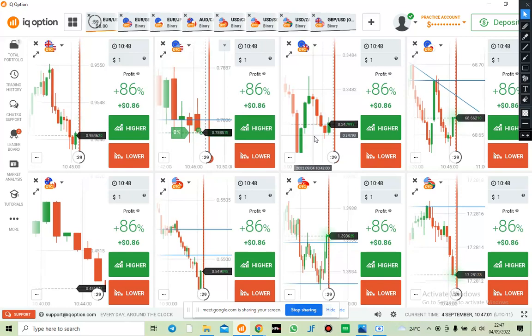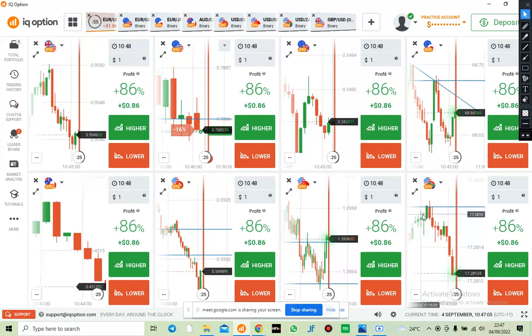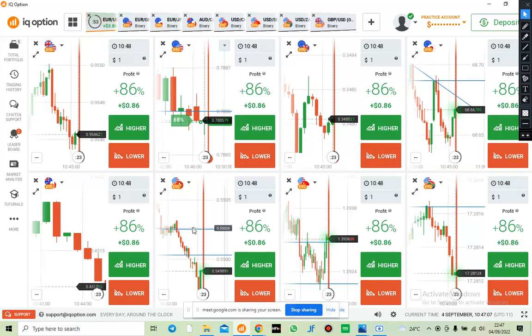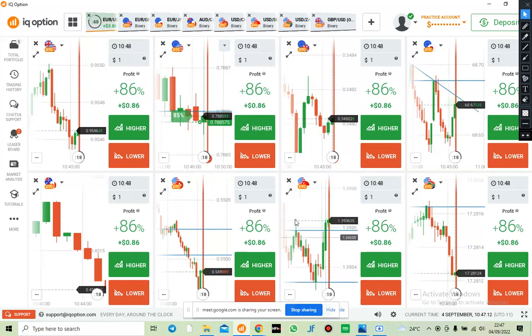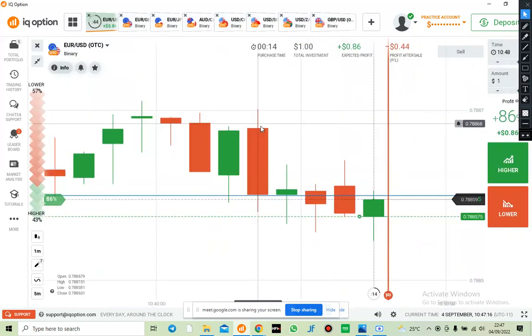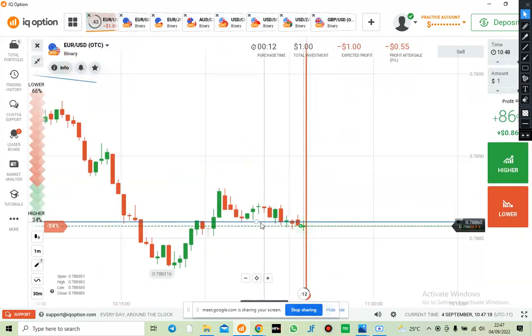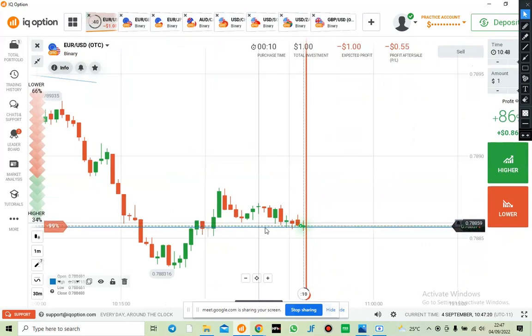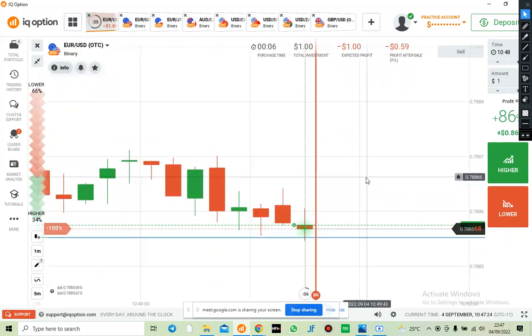So I expect buyers to enter this time if there's no gap. Now, if buyers entered, assuming there's no gap, this is another level here.